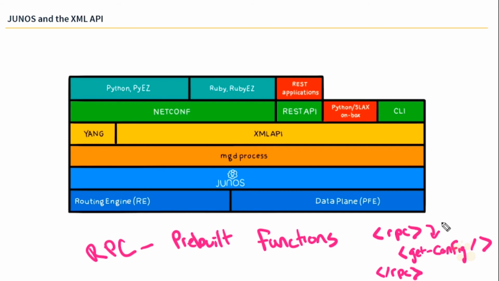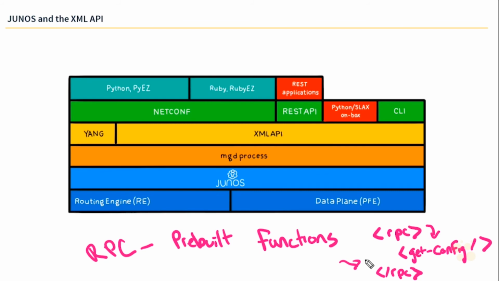So one tag, or 2 tags if you have opening and closing tags, is basically like a pre-built command that tells Juniper what to do in this scenario. It could be getting configuration data, getting operational state information, or setting configurations.